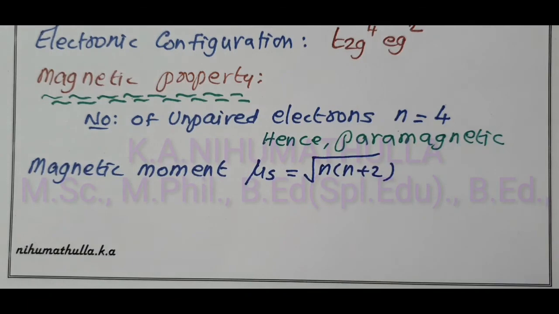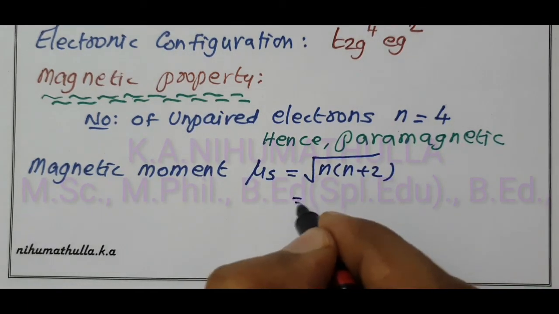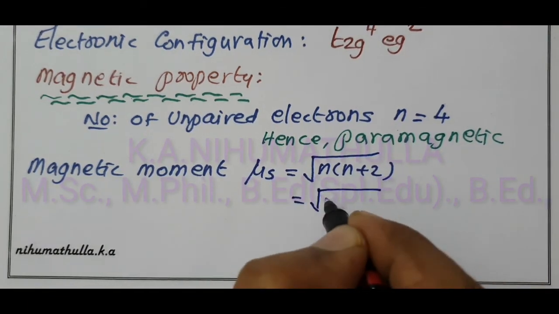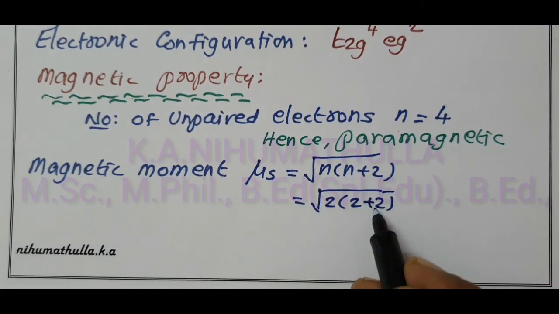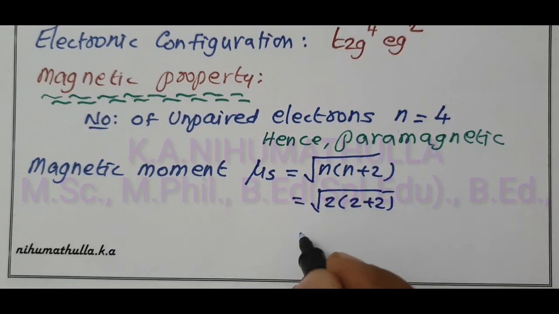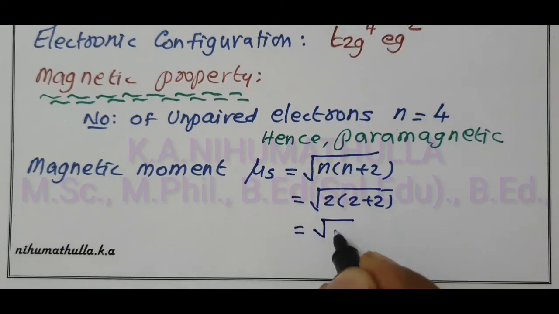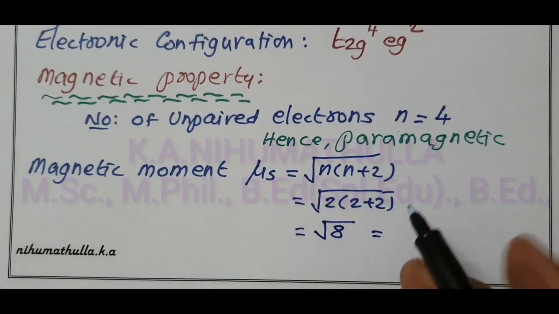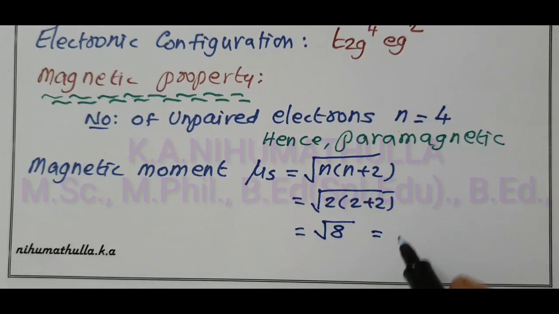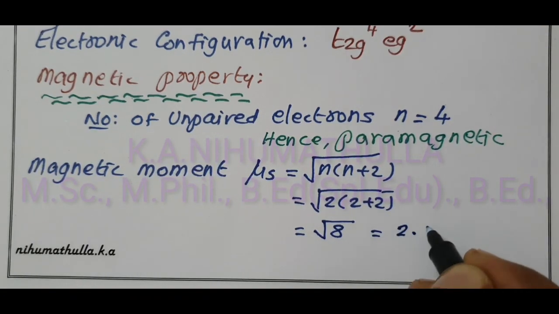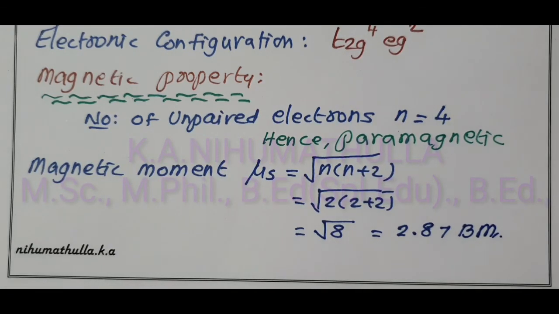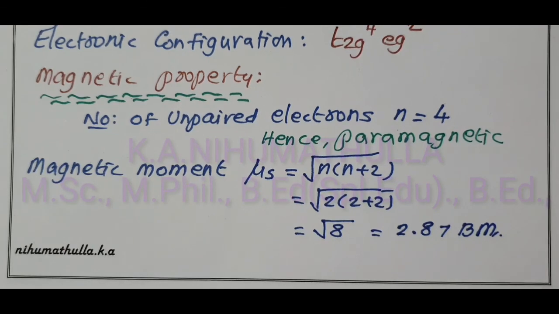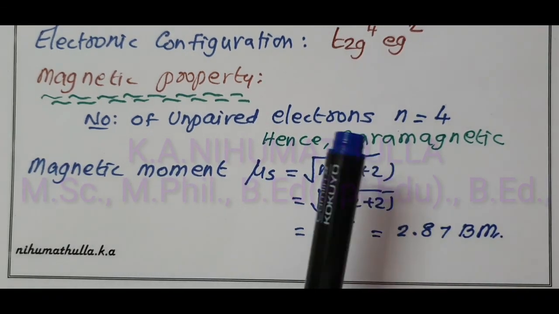N equal to number of unpaired electrons, that is equal to root of 2 into 2 plus 2. 2 plus 2 equal to 4, 4 into 2 are 8. Root 8 equal to, if the number of unpaired electrons 2, answer starts with 2.87 Bohr magneton.